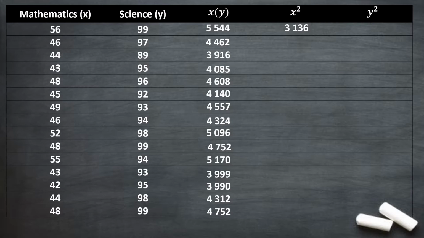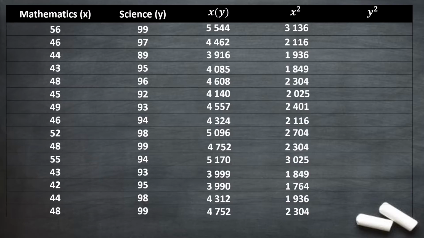The answer is 2,116. For the third x value, we have 44, so 44 times 44 or 44 squared, the answer is 1936. Doing it for the rest of the x values, we will have the answer as this.